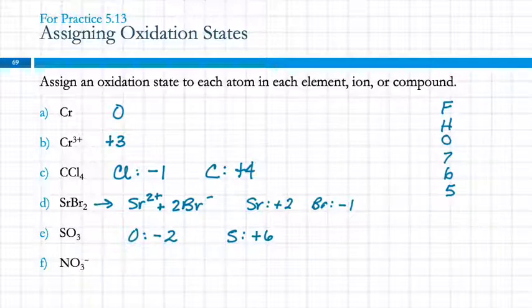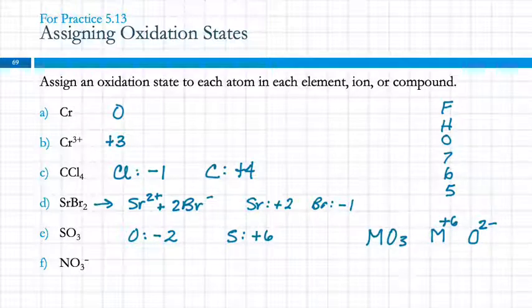It's very similar to what we would have if we had some metal, M, that had 3 oxygens and it was an ionic compound. And we'd say, oh, well, each of the oxygens has a 2- charge because that's the ion that they make. And then we know from the ratios that the metal must have a +6 charge, because we have 3 of these guys.